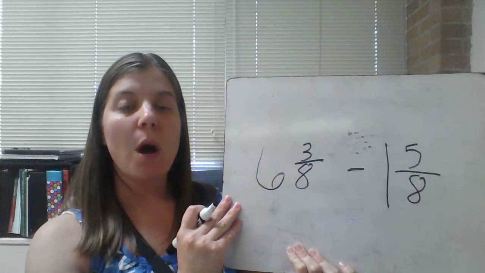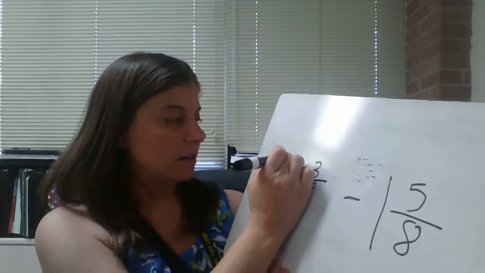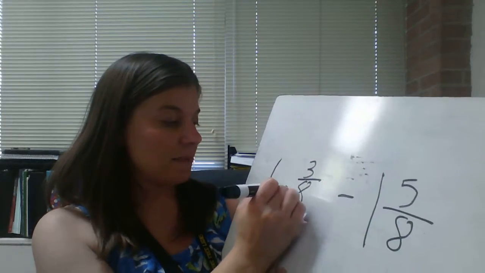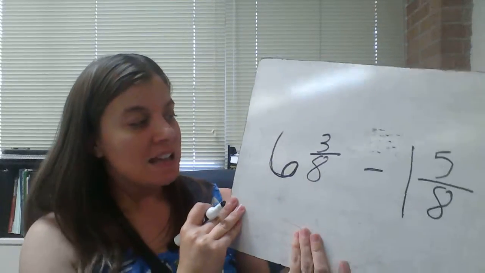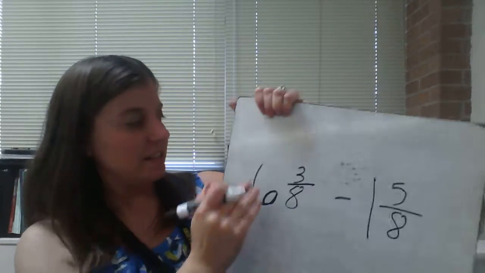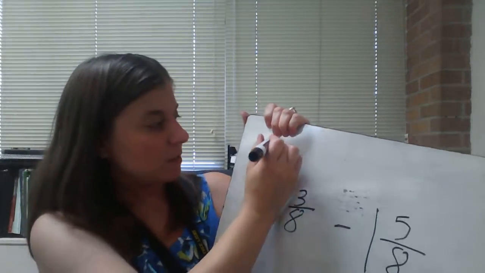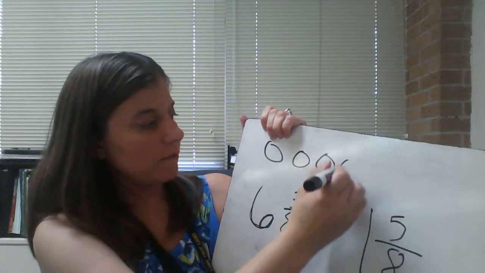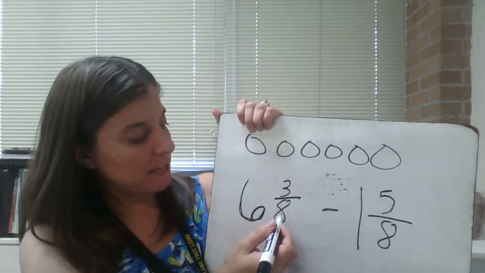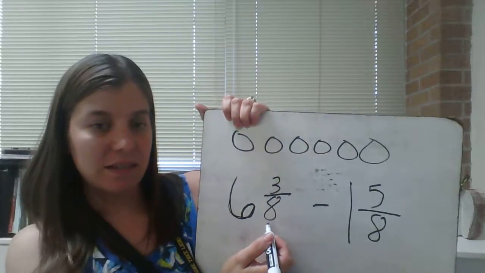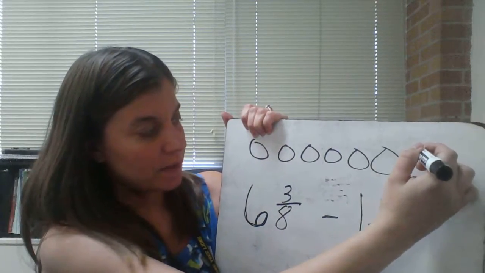So we have to do what we call borrowing. So we did talk about this last year, whether you remember it or not. Okay? So how I want you to think of this is 6 pizzas. 1, 2, 3, 4, 5, 6. 6 whole pizzas. My last pizza is cut into 8s, and I only have 3 of them.